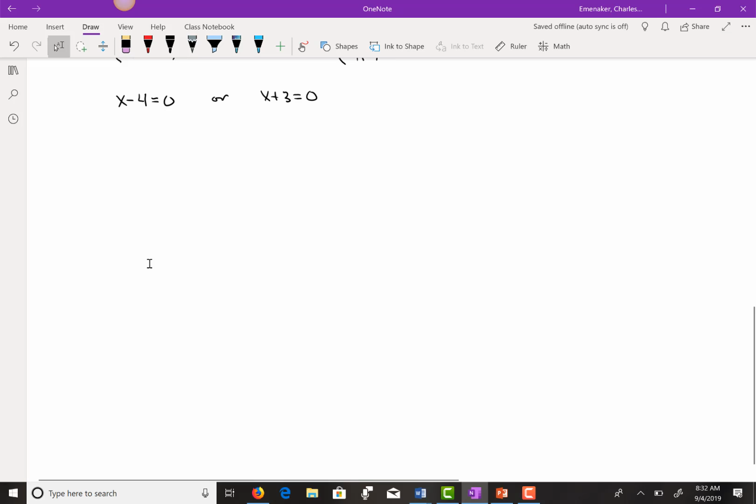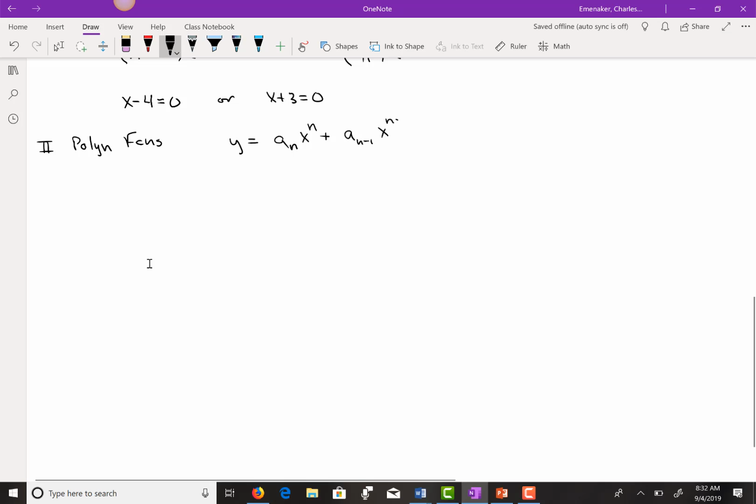In general, a polynomial winds up looking like y equals a sub n x to the n plus a sub n minus 1 x to the n minus 1 plus a sub n minus 2 x to the n minus 2 plus dot dot dot plus a sub 1 x plus a sub 0, where n is an element of the integers that are greater than or equal to 0.